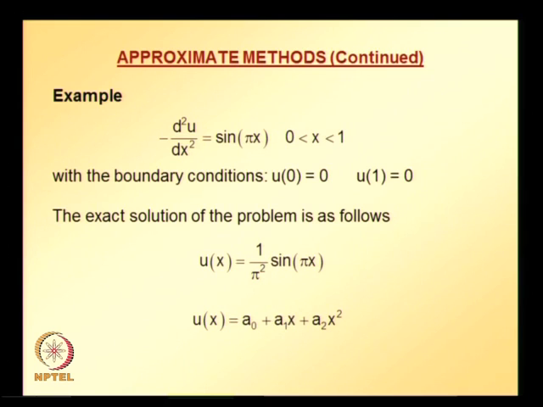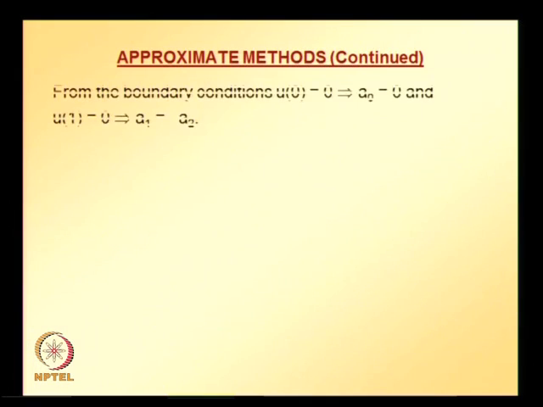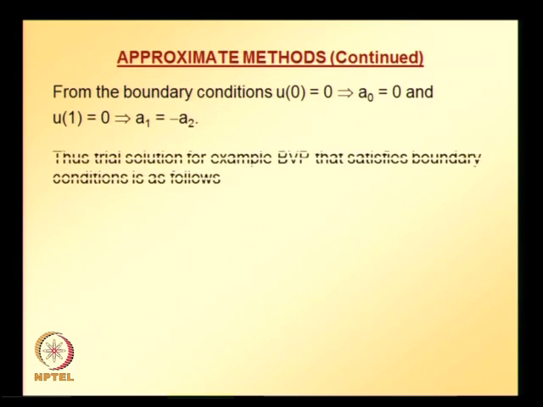So substituting or forcing those conditions on this trial solution, we can eliminate some of the unknown coefficients out of a naught, a1, a2. Doing that, we get a naught is equal to 0, a1 is equal to minus a2.